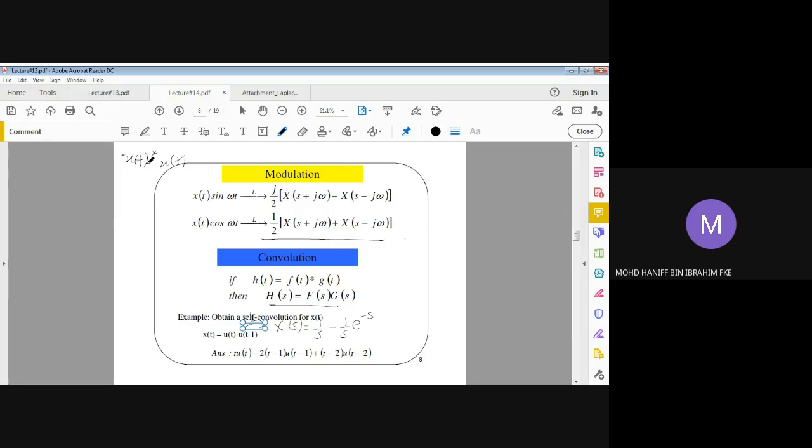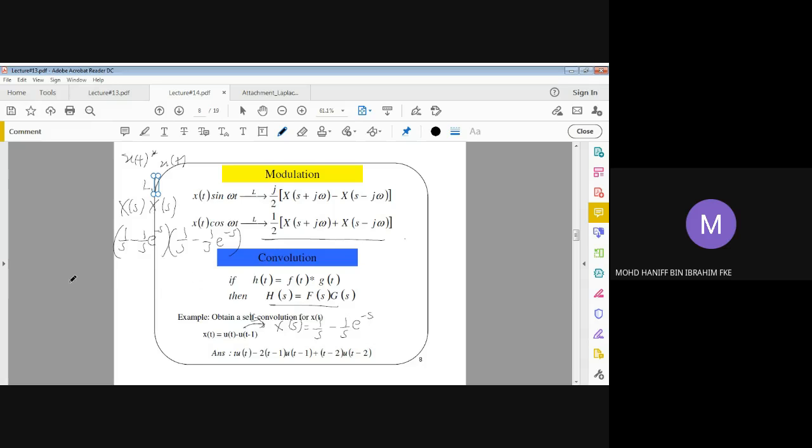We know that if we have a convolution in the time domain, then in the Laplace or s domain it should be a multiplication, X(s) multiplied with X(s). So we're going to have 1 over s minus 1 over s exponential negative s, multiplied with 1 over s minus 1 over s exponential negative s.